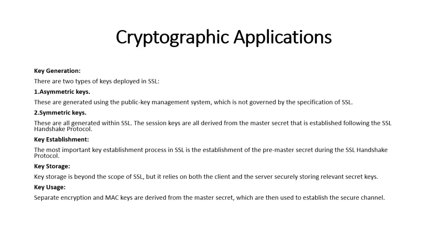It means, very simply, that it doesn't matter exactly where the keys are stored on the client and server, but at the time of transmission, the secure keys are accessed by the authorized users. Then key usage: separate encryption and MAC keys are derived from the master secret, which are then used to establish the secure channel.